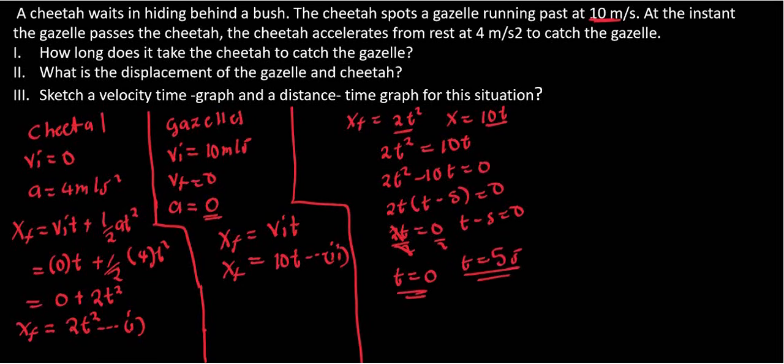So this means that the cheetah started from 0 and it managed to catch the gazelle at 5 seconds. Now the answer there is t equal to 0 and t equal to 5 seconds. That is the answer there. Okay.